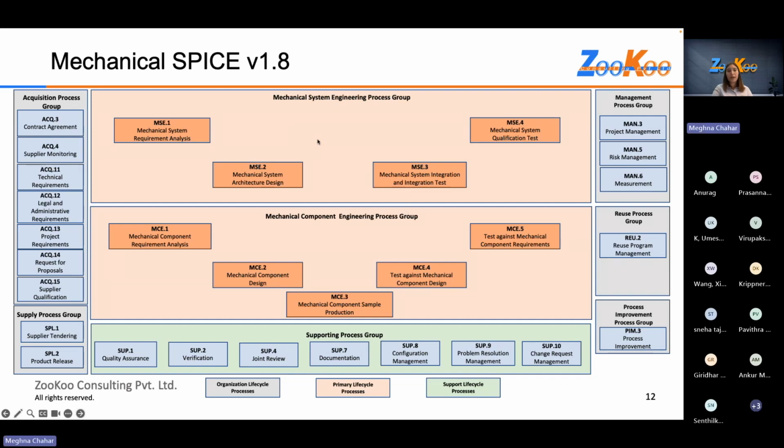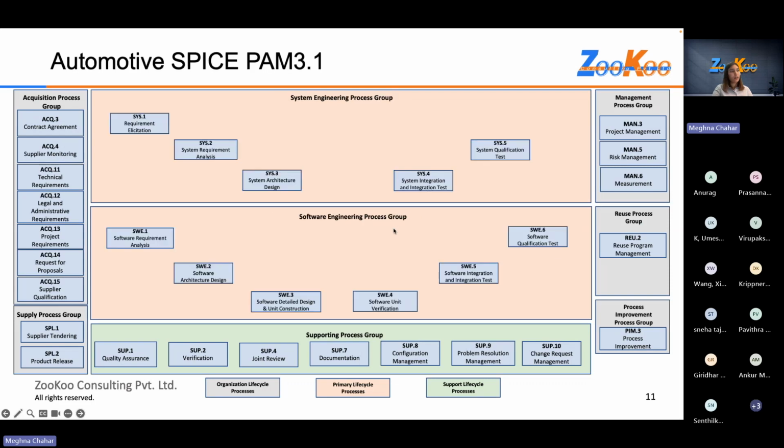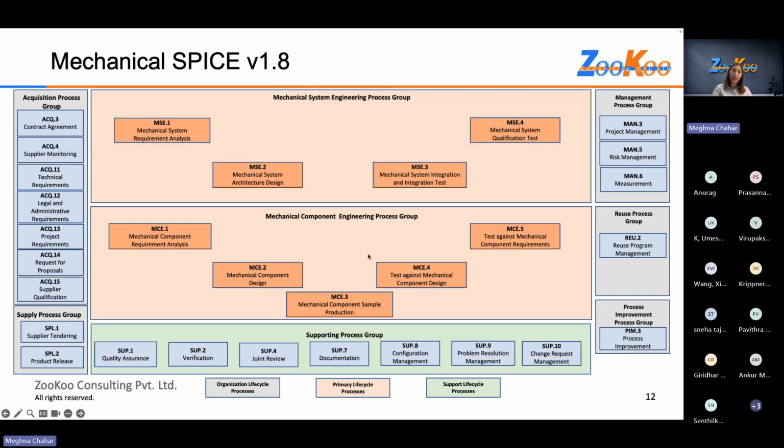So this was 1.8, where we had the mechanical system engineering process group and the mechanical component engineering process group. What they did was simply remove the entire system and software groups and replace them with mechanical system and mechanical component engineering process groups, consisting of 9 processes. For system engineering we had 4 processes: system requirements, system architecture, mechanical system integration, and mechanical system qualification test.